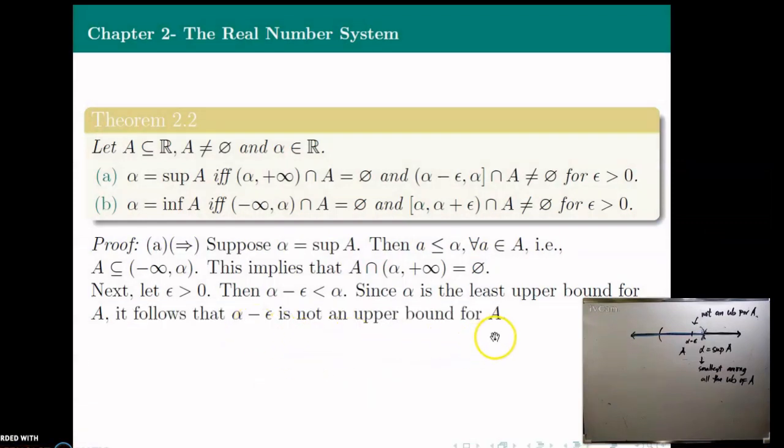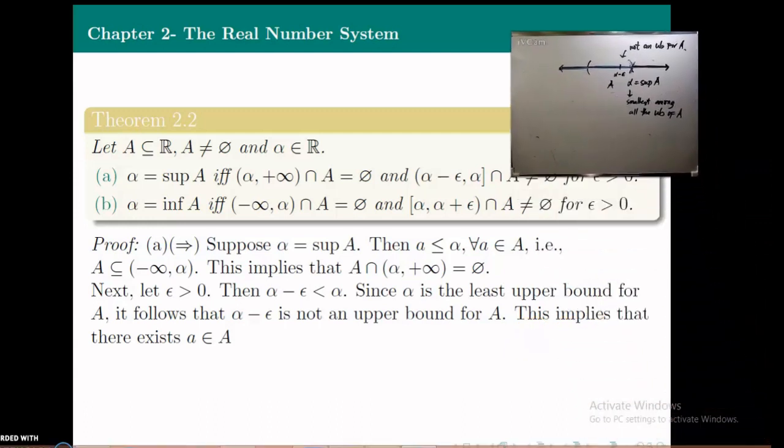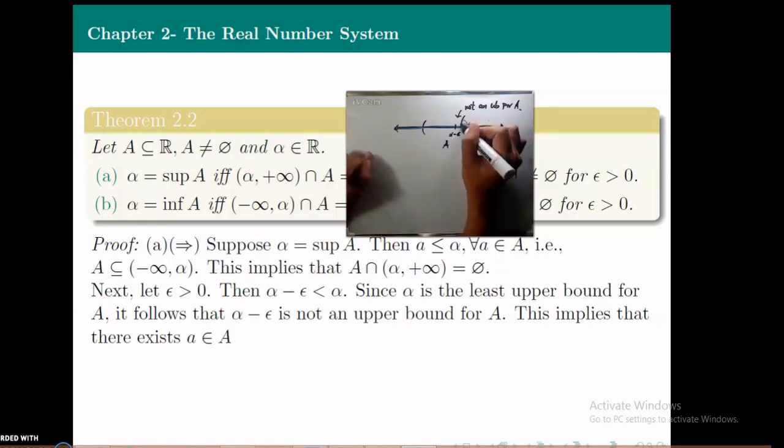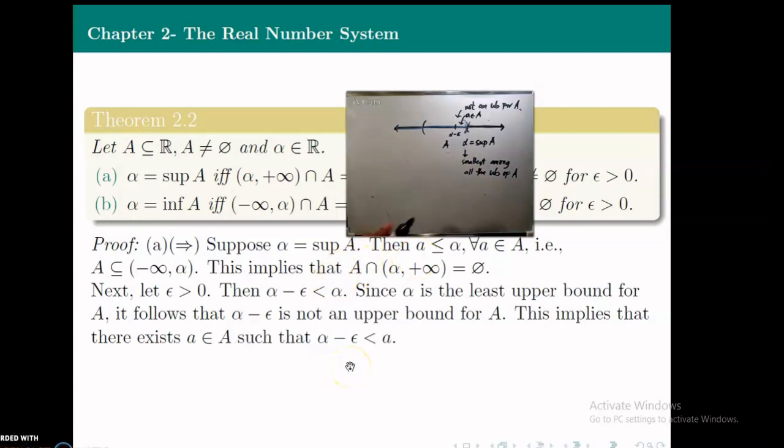So, this implies that if this is not an upper bound, there exists a in A such that a is greater than alpha minus epsilon, or alpha minus epsilon is less than a, as you can see in the illustration.